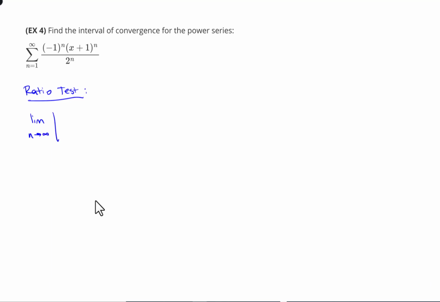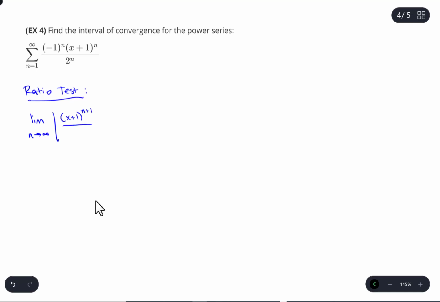The alternating term doesn't matter, within the absolute value that is. And then we would have x plus 1 to the n plus 1th power over 2 to the n plus 1. And then in the denominator, we would be dividing by the nth term, which is the same thing as multiplying by the inverse of the nth term.